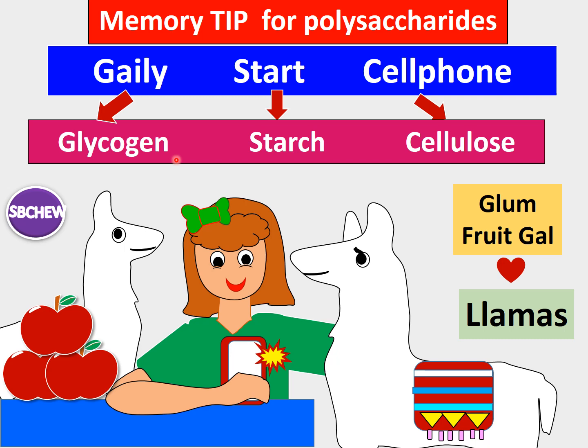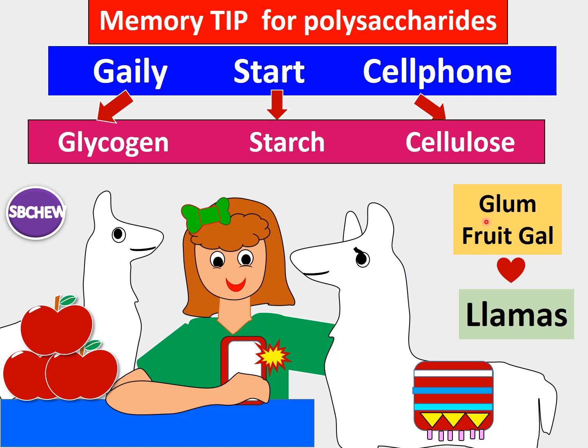All right. Now, do you remember your acronyms for monosaccharides and disaccharides? For monosaccharides it is glum, fruit, gal: glucose, fructose, and galactose. And for disaccharides it is llamas: lactose, maltose, and sucrose. So I've made a sentence here that involves all the three acronyms or mnemonics.